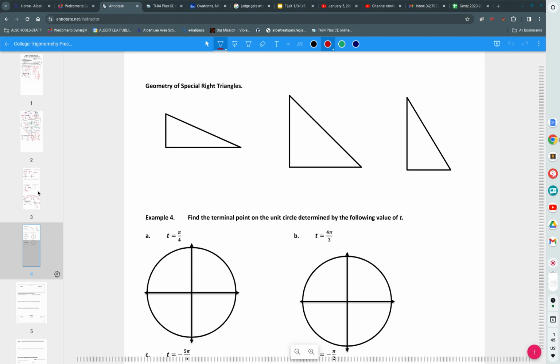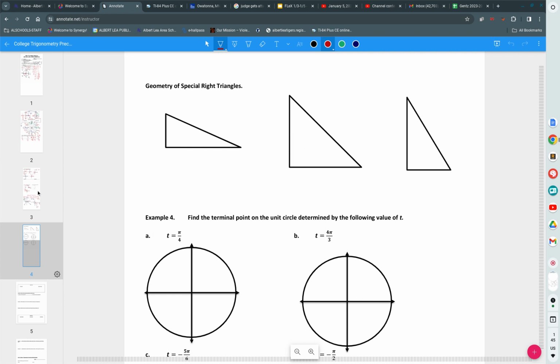You're going to turn to the homework assignment that says terminal points, and get to the spot that has this big circle with a lot of empty spaces. So you want to be in your notes and you want to be here. Everybody got that? All right.